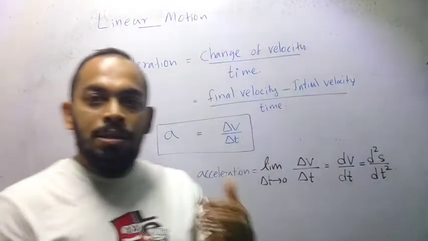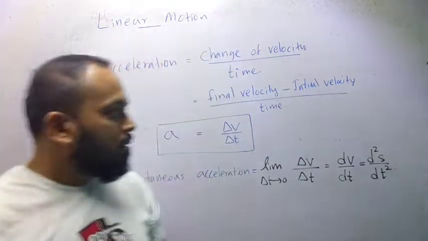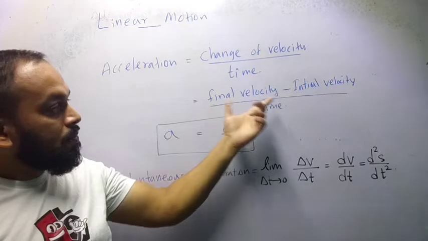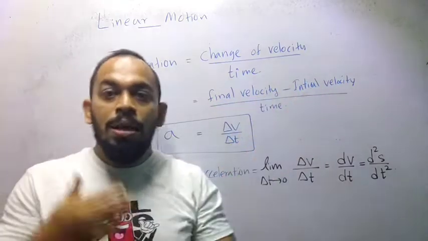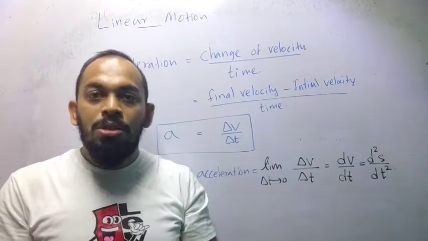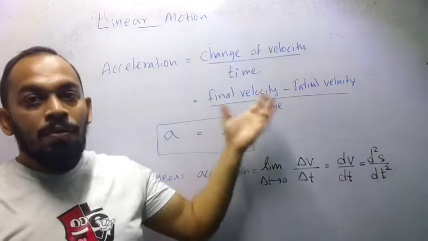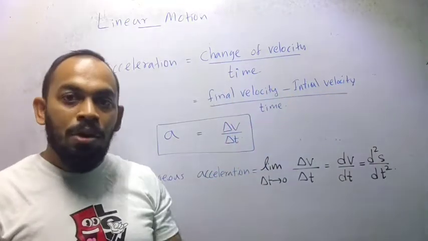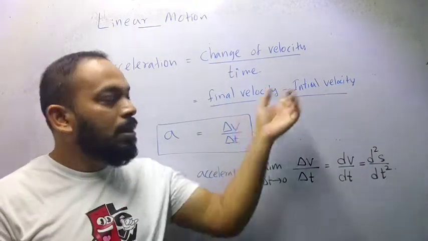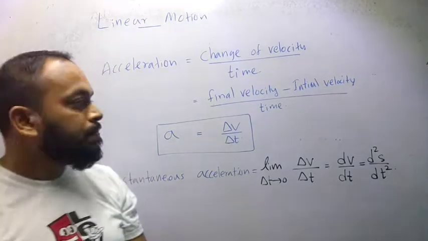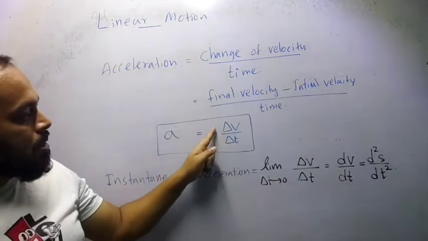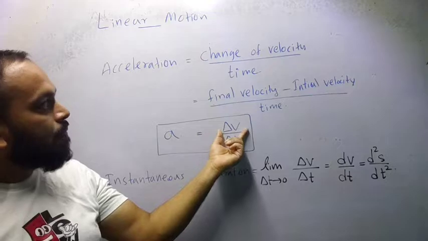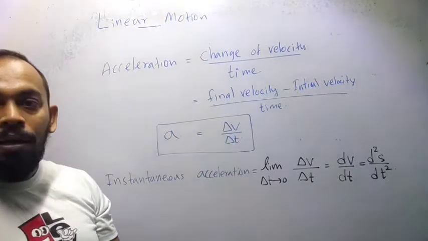How do you find the change of velocity? The change is defined as final velocity minus initial velocity. When we talk about change, we always use final minus initial, not initial minus final. That gives you the change. Divided by the change in time, you can say change in velocity, delta V, divided by delta t.